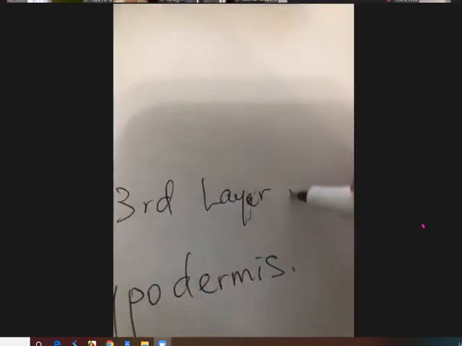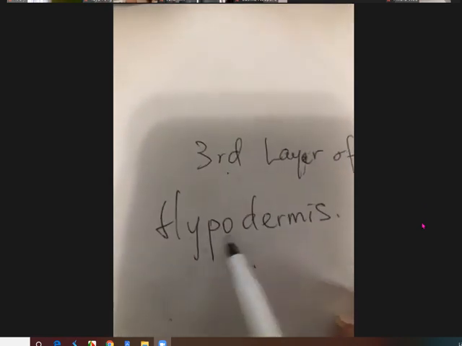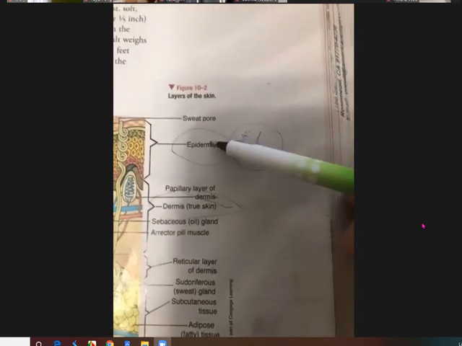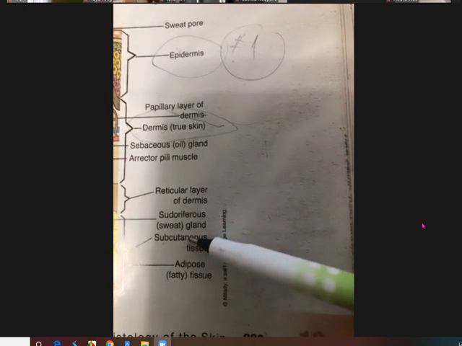That's your 3rd layer of skin. So our skin has 3 layers: epidermis, dermis, and subcutaneous layer.